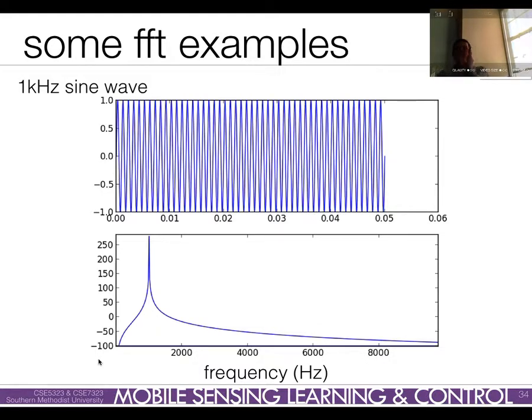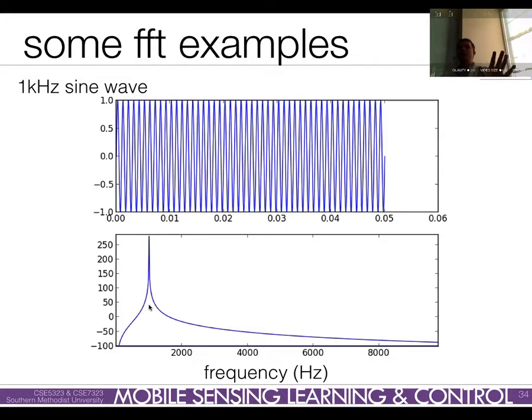Since this is a 1 kilohertz sine wave, all of the energy is at 1 kilohertz. So when you take the FFT, you have this huge spike that happens at 1 kilohertz. It's giving you a way to analyze the frequency content of a signal. That's all that it does.